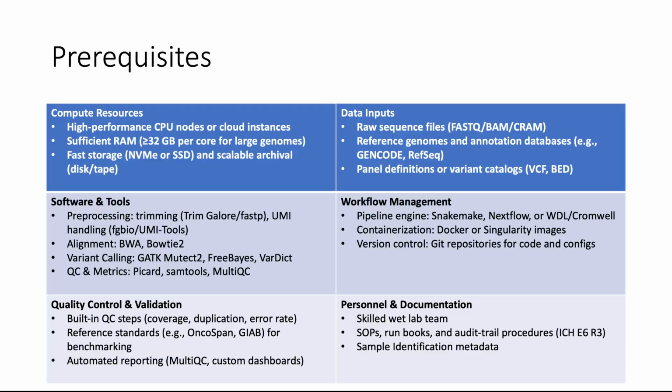We will have to use a lot of computational resources. It will require high performance CPU nodes or cloud instances to process all this data gathered from sequencing. It will require more than 32 gigabytes of memory to process these large genomes and large files which we have as an input.